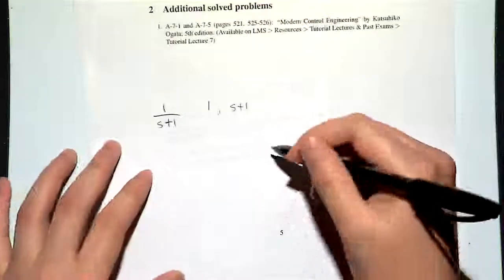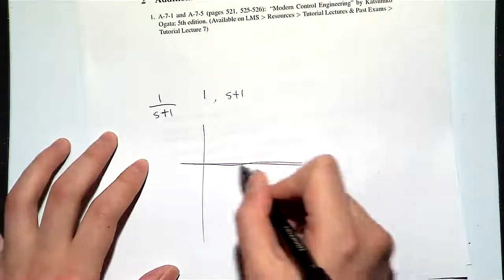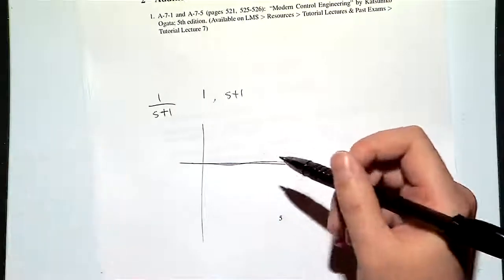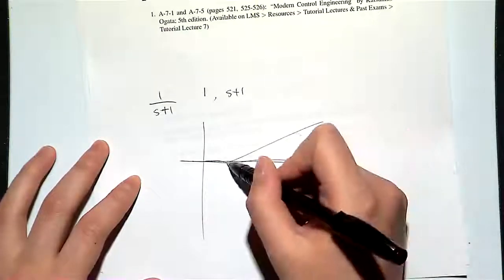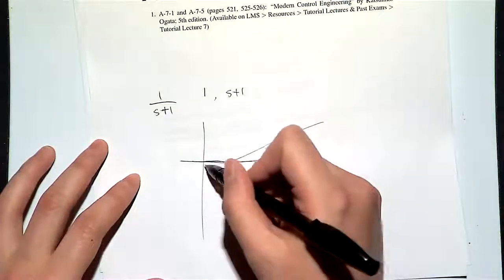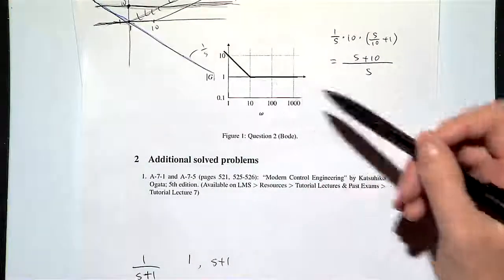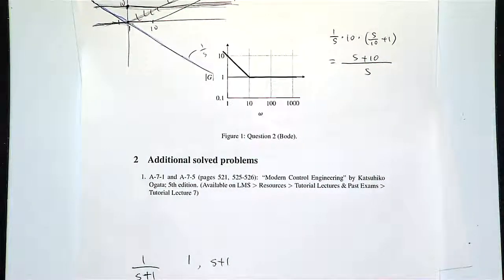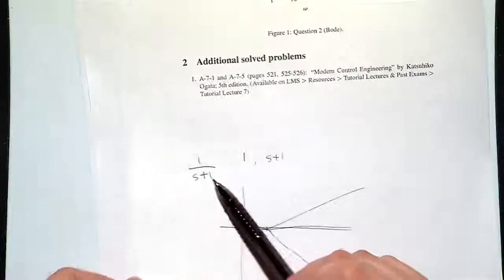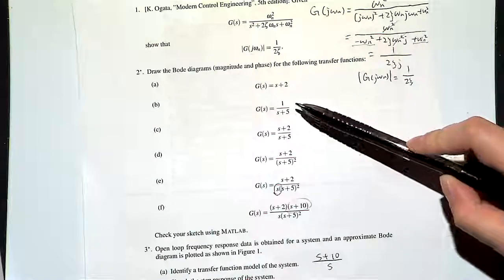And then you can draw the constant 1 just as 1, right? And S plus 1, again, it looks like this, right? This is 1. And you use this to subtract that. Eventually you get something like this, right? But that doesn't look like that. So this case, it's similar to this, right? You just change 5 to 1.